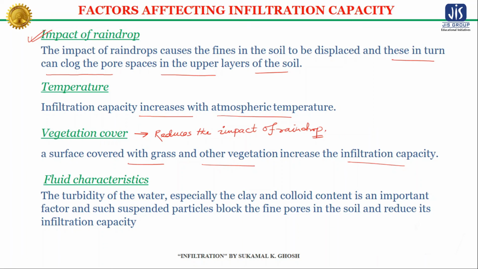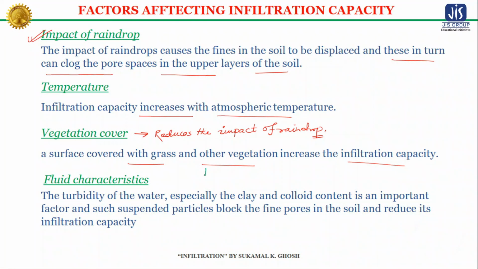Also, the roots of the vegetation make the soil porous, and thus the permeability of soil increases, and as a result infiltration capacity increases. So let me write it here.